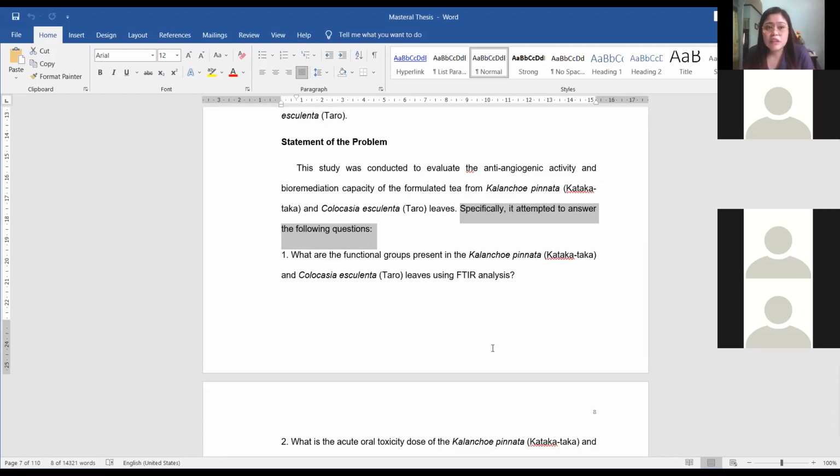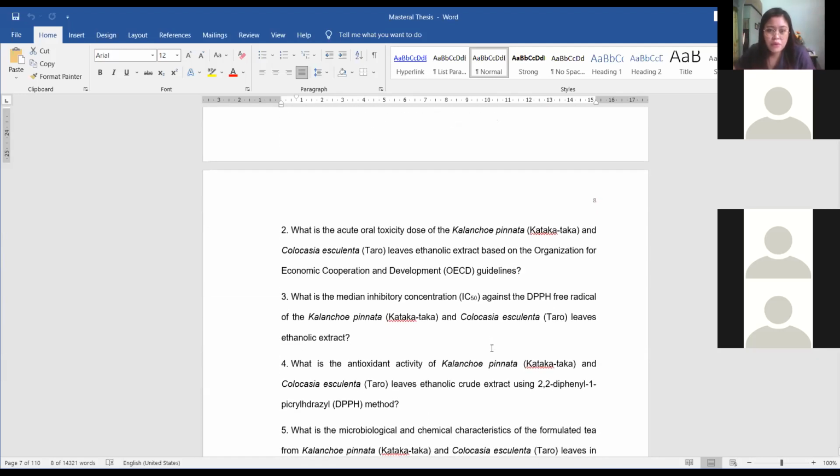I believe you are already done with your organic chemistry and you are familiar with the different organic compounds or functional groups like carboxylic acid, ether, ester, alkanes, alkenes, alkynes. I first identify them using the Fourier transform infrared spectrophotometer analysis. So that's the first one.